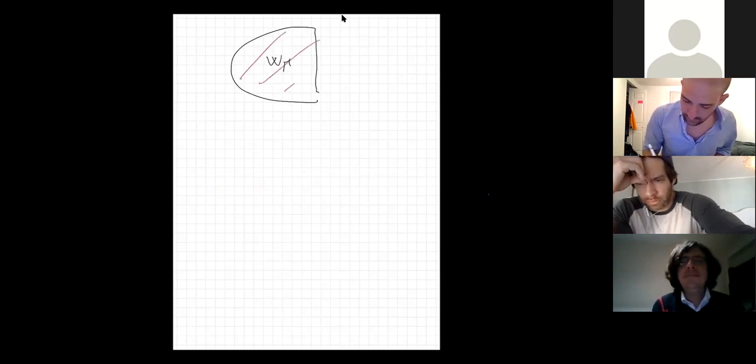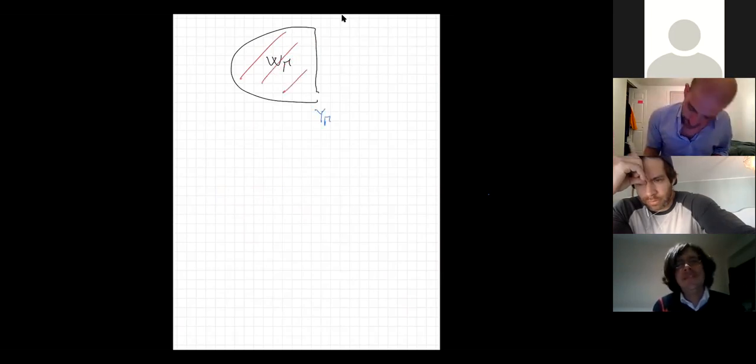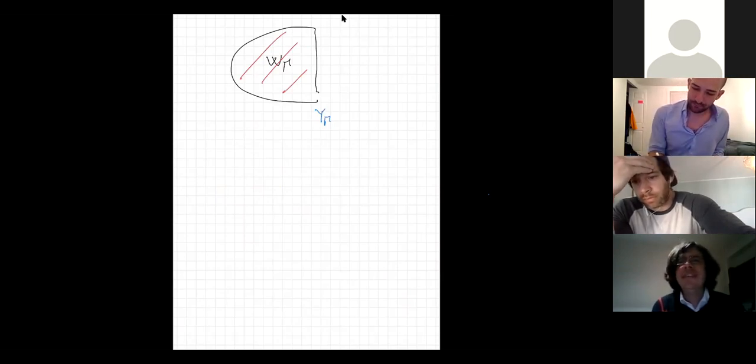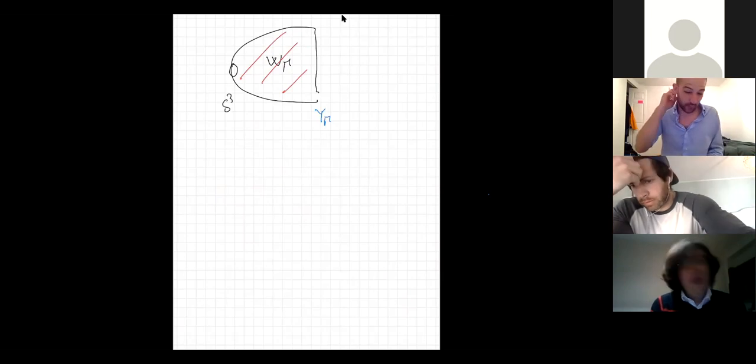On the boundary of this 4-manifold, there is the 3-manifold Y gamma. Now we can remove a small ball from W gamma, and we get a cobordism between S3 and Y gamma.